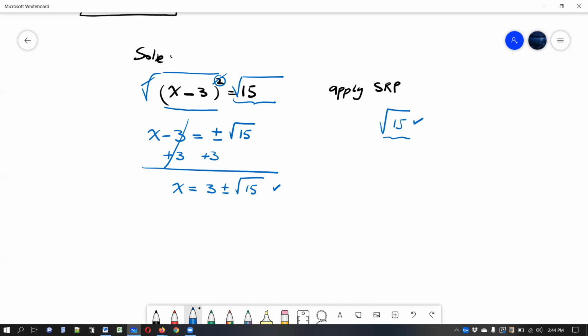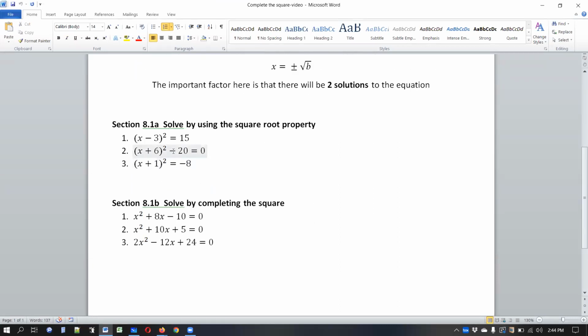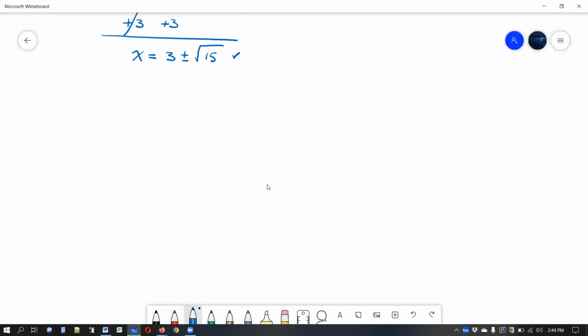Okay. Let's take a look at the second problem, which is now x plus 6 squared minus 20 equals 0. So let's solve again. x plus 6 squared minus 20 equals 0.